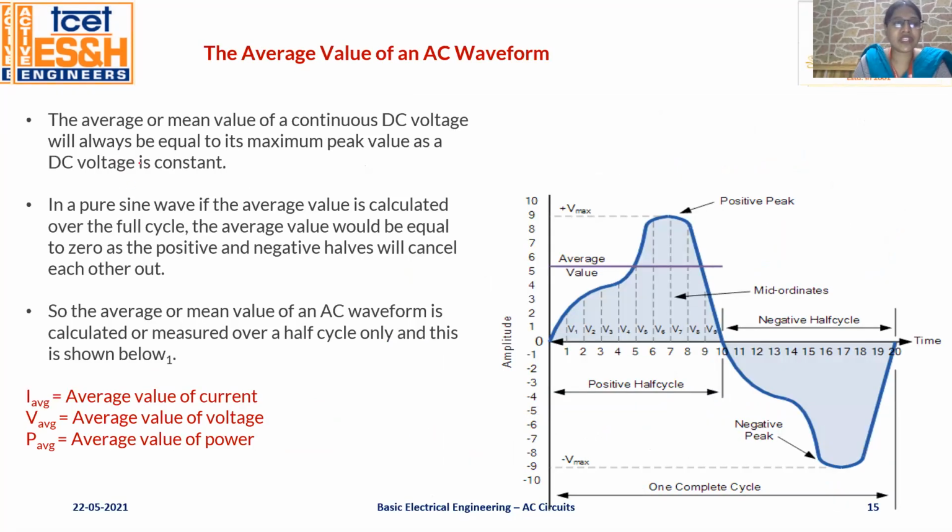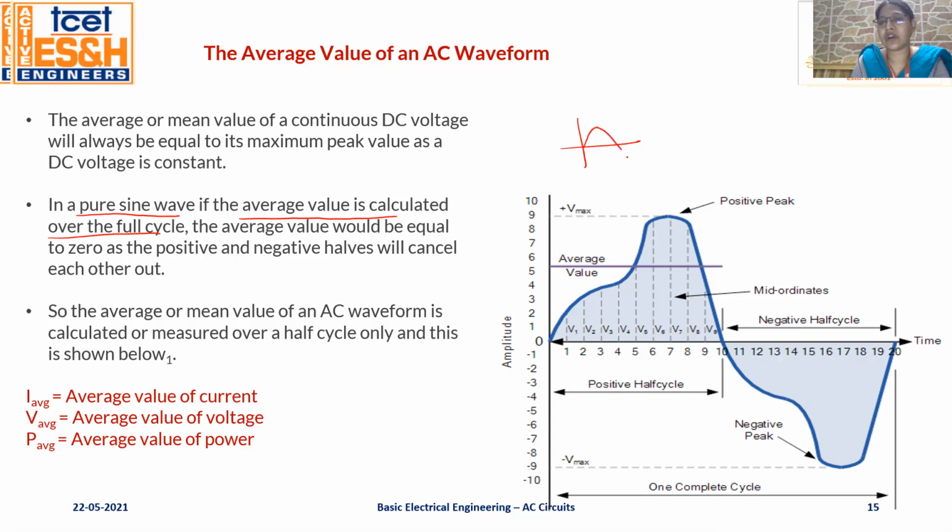Now, average value. The average value is the continuous DC voltage which is equal to its maximum peak value, as the DC voltage is constant. Generally, for a pure sinusoidal wave, the point to be noted is that its average value calculated over a full cycle is equal to 0.